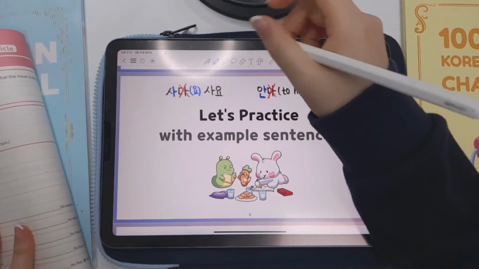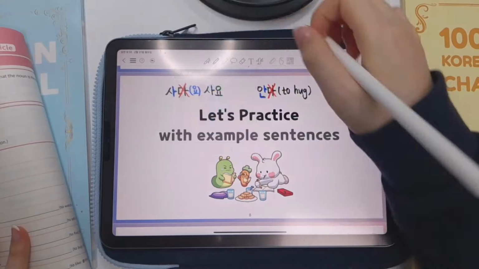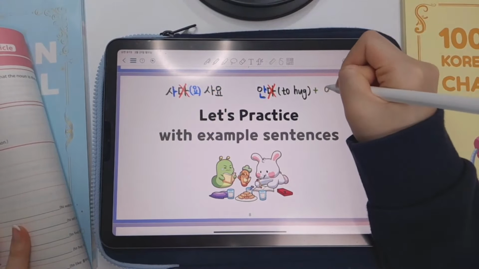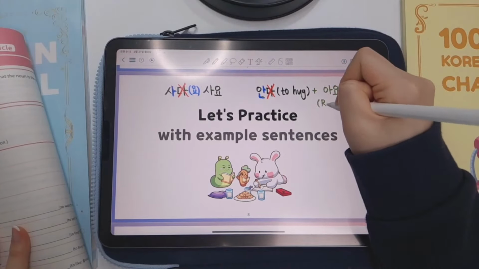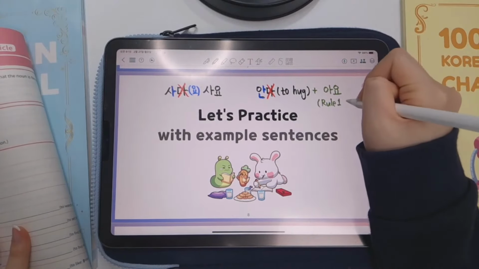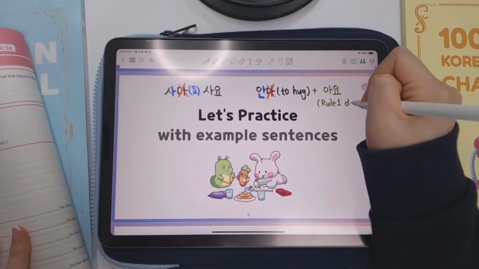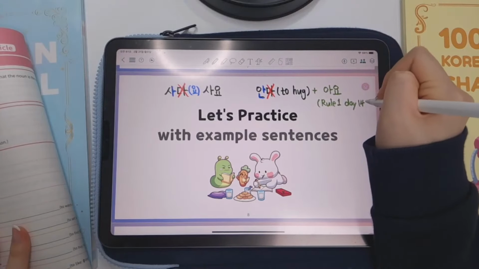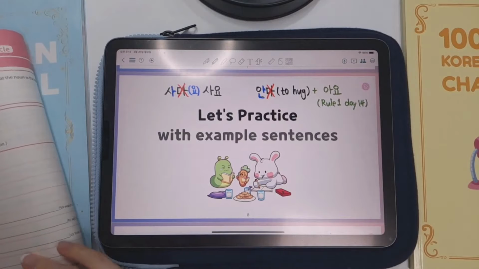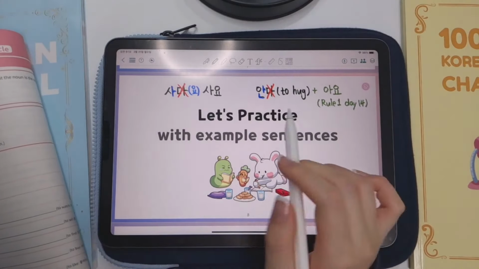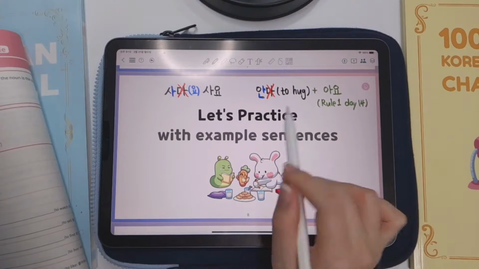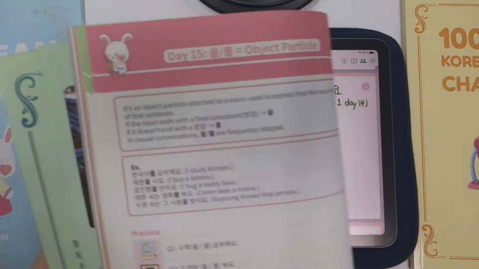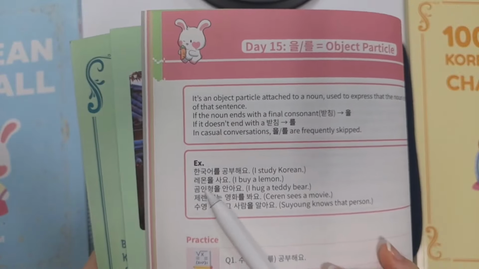So in this case, we have to add 아요. Rule number 1 from day 14. Still didn't forget, right? So it is 안아요 in present tense. To hug, 안아요. So I hug a teddy bear.